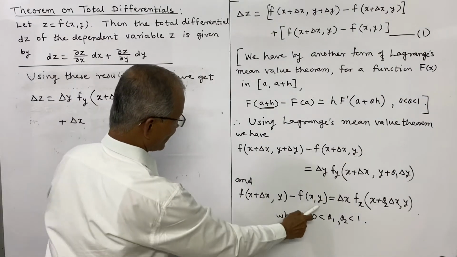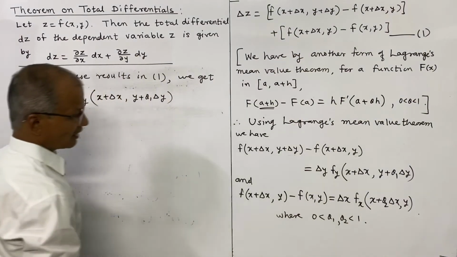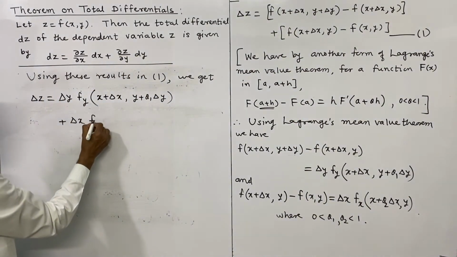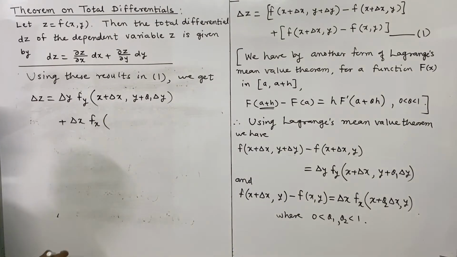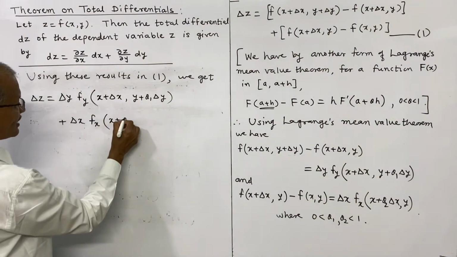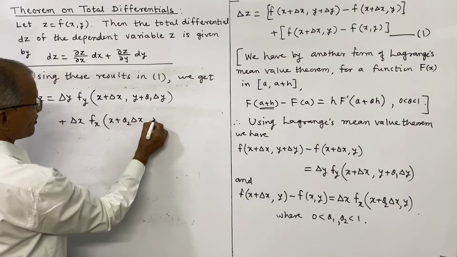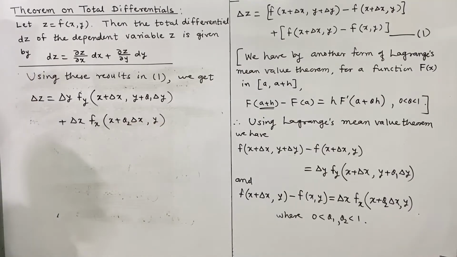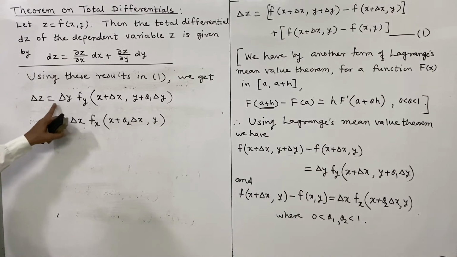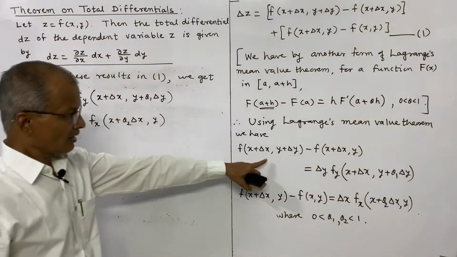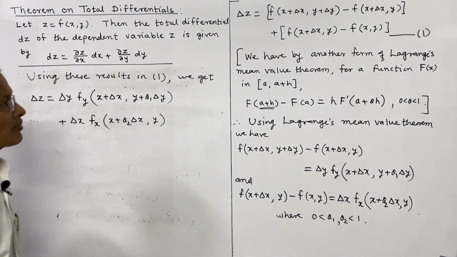See, this second bracket is this one, and that is delta x times the partial derivative of f with respect to x at x plus theta 2 delta x comma y. So this is what we have obtained using these results from the Lagrange mean value theorem in 1.